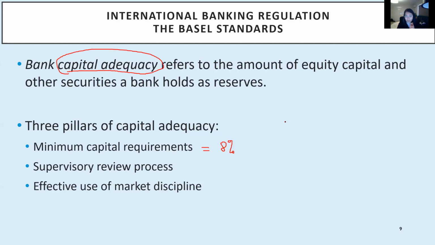Over time, progressively, they realized that banks' loans are not always equal in terms of risk. There are some assets that are more risky and some assets that are less risky. As a result, they introduced a concept called risk-adjusted capital, where the riskier banks are penalized more with higher capital requirements. Okay.